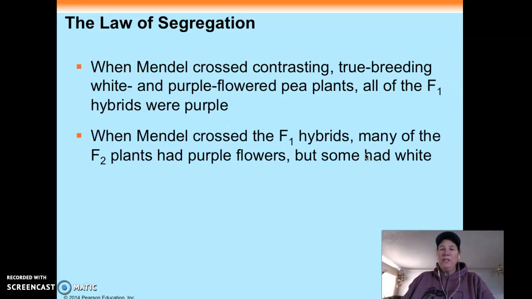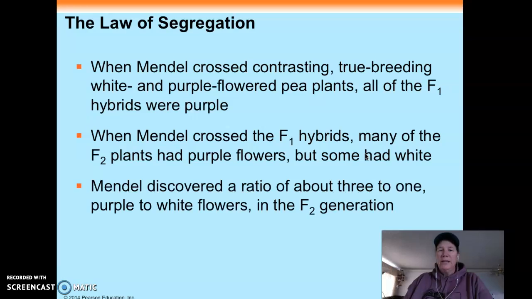So, and then when he took all the purples from the first generation, the children, and crossed them, then he got some white ones back. So most of them were purple, about 75%, but about 25% were white. He was like, so that characteristic was there, it was just covered up. Okay. And he discovered the ratio was 3-to-1, purple to white in the grandchildren in the F2 generation.